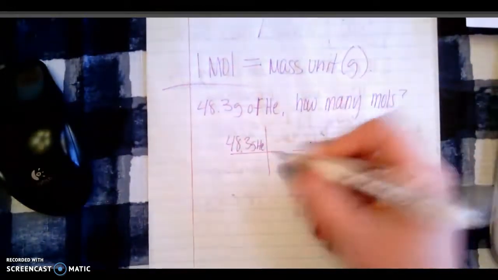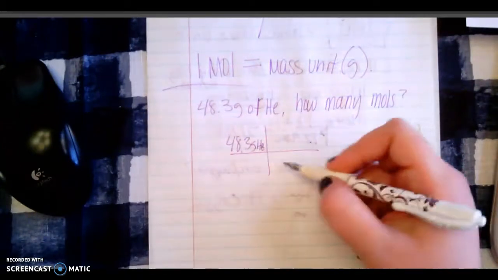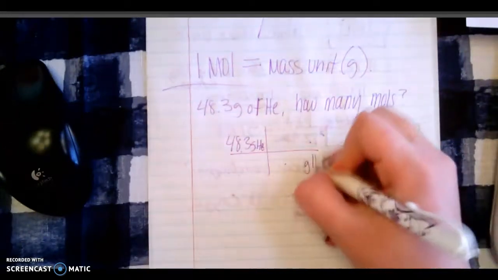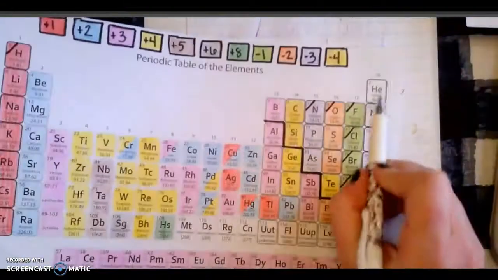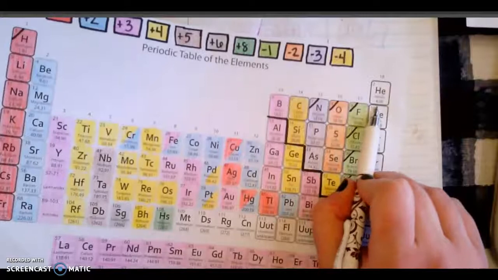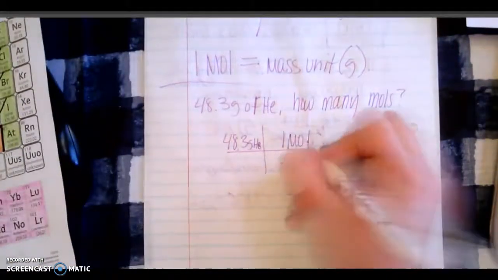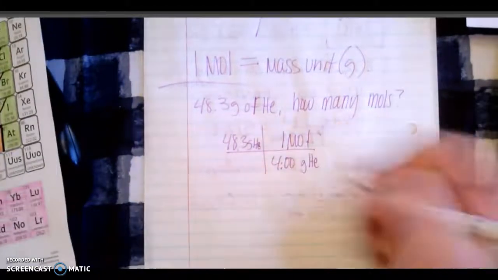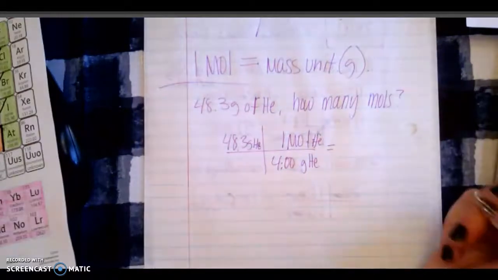If I have grams of helium in the top left here, that means that down here I have to have grams of helium. Now if we look at the periodic table, I can see that 1 mole of helium is 4.00 grams. Again, we're over-labeling here so that we don't get lost.